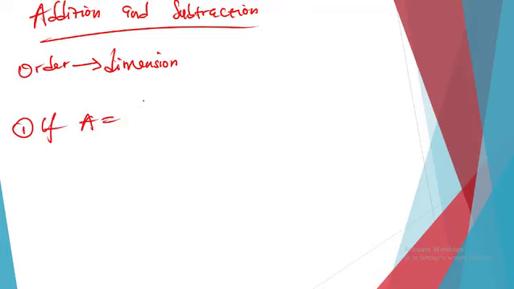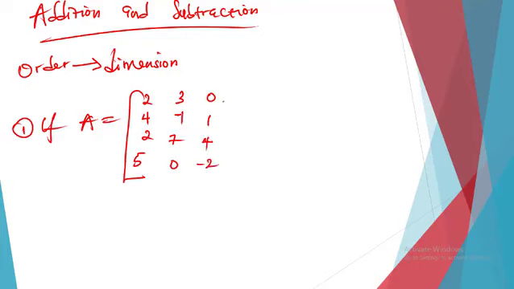So we'll quickly take an example. If A is equal to the matrix 2, 4, 2, and 5, we'll have 3, minus 1, 7, 0. We'll have 0 here, 1. We'll have 4 and minus 2.